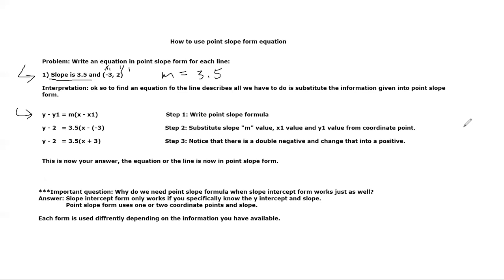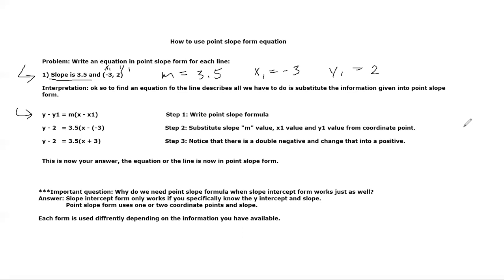Notice how there's two y's and there's two x's in this formula. x1 and y1 are different from x and y. Specifically, x1 is referring to the first number in my coordinate point, and y1 is referring to the second number, which happens to be 2. I'm going to plug those points in.